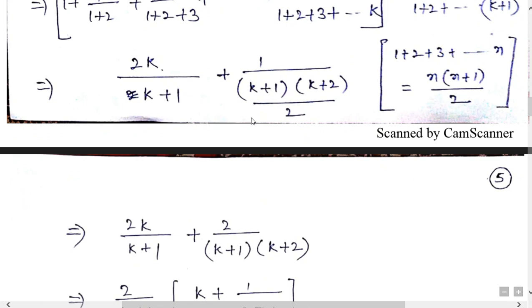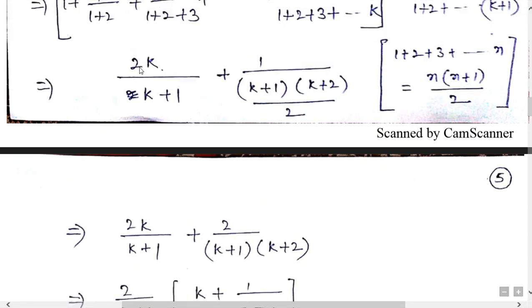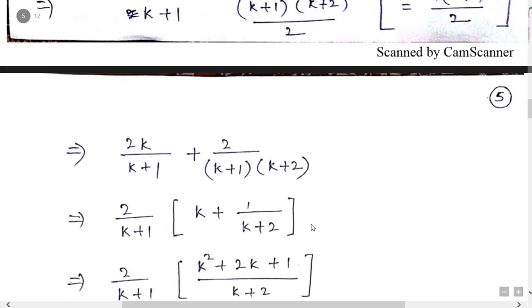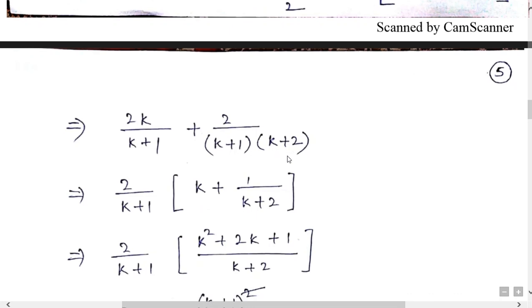Now 2 shifts to the numerator and the series will be 2k over k plus 1 plus 2 divided by k plus 1 into k plus 2. 2 over k plus 1 is common, and inside, the first term will be k and the second term will be 1 over k plus 2.